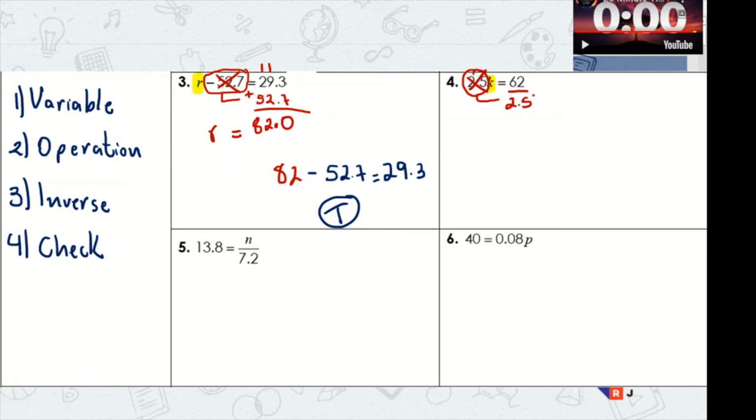Guys, if you notice, my divisor is a decimal. Let's do it here. 2.5, as you notice, is a decimal. Great, we are dividing 62. How can I do it? Remember dividing decimal by decimal?